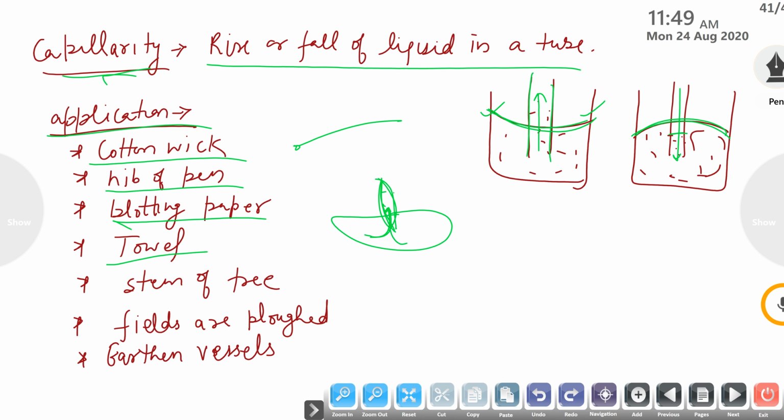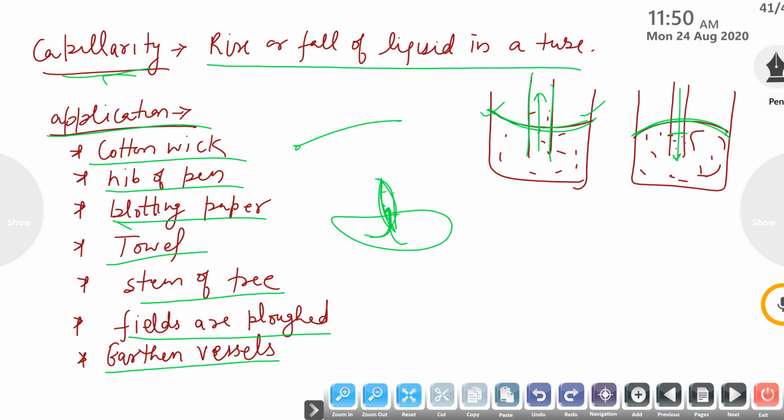A dry towel will capture all the water from your body due to the capillarity phenomenon. Stem of the tree: the stem will carry water from the earth's surface to all parts of the tree with the help of capillarity. Fields are ploughed to maintain the moisture inside the surface.